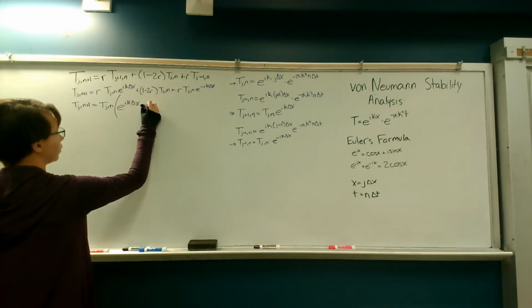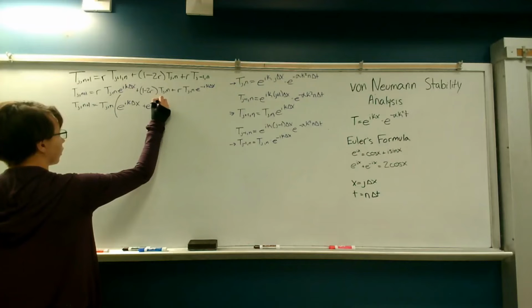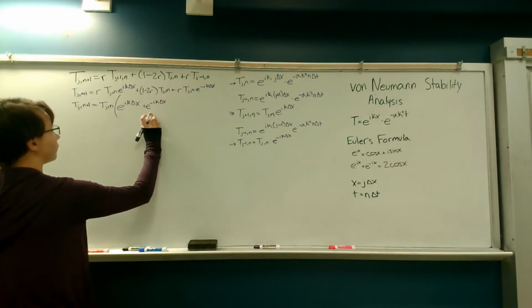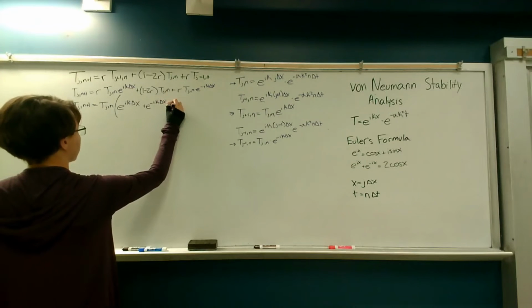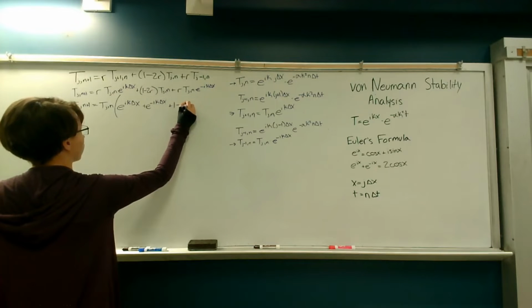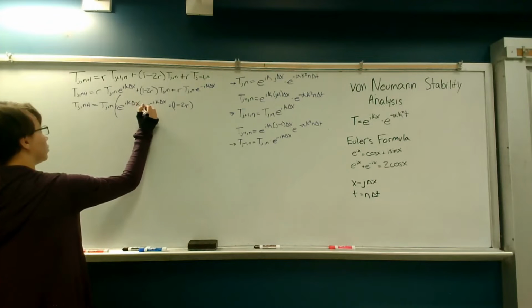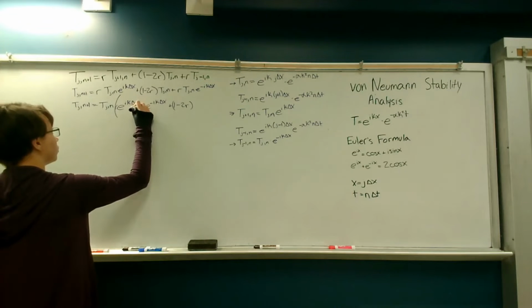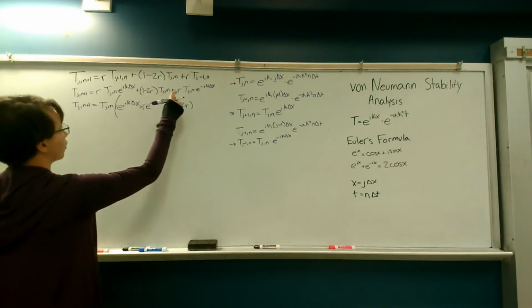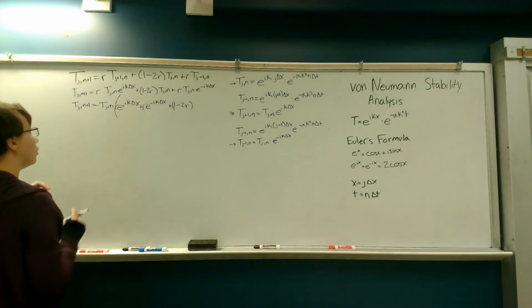So that's e to the negative i k delta x, and then we need this one as well, so that's plus 1 minus 2r. Oh, and then these need r's as well. So we've got r here and here.